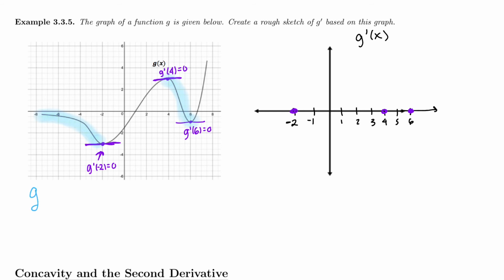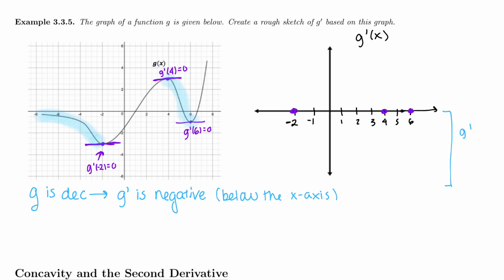If g is decreasing, that means that g prime is negative. When a function is negative, that means it's below the x-axis. Right? So this location down here is where g prime is negative because it's below the x-axis.